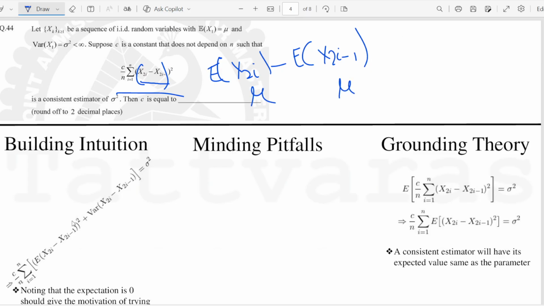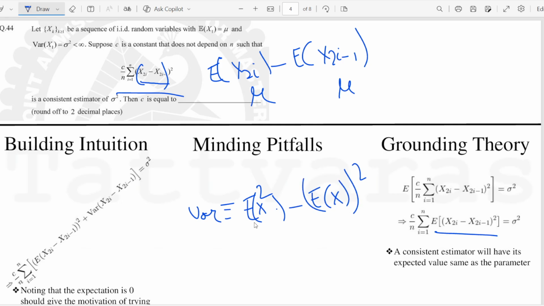So looking at this should give you the motivation that when I am going to calculate this expectation, I must break it or transform it in a way that helps me take advantage of this zero. And it's very well known that the variance of any statistic is the expectation of the statistic square minus the expectation whole square.